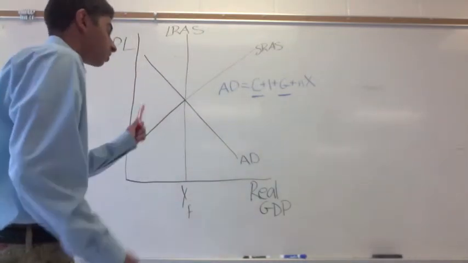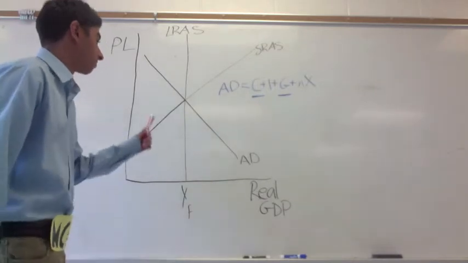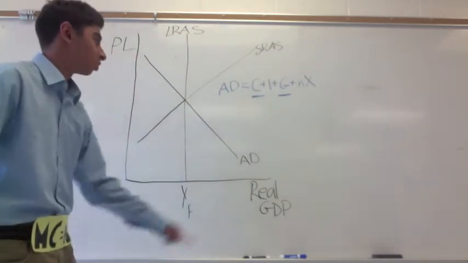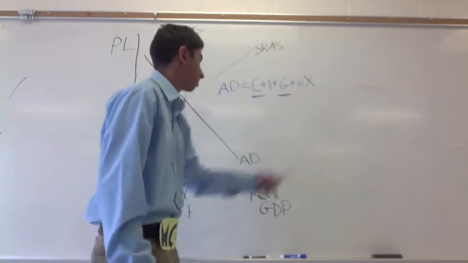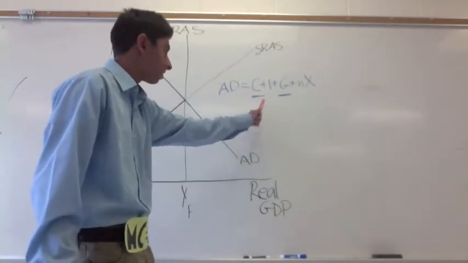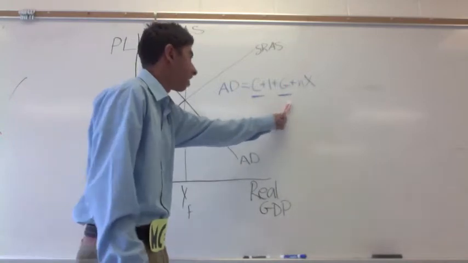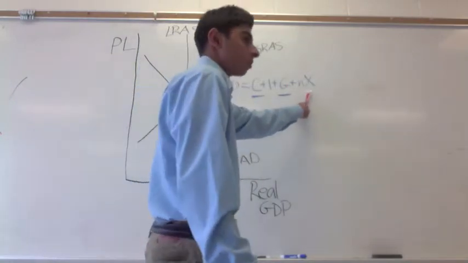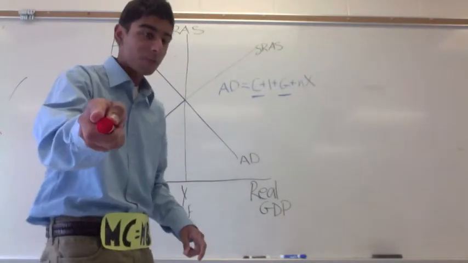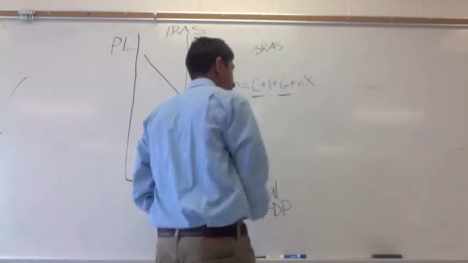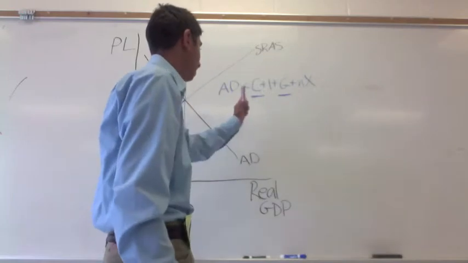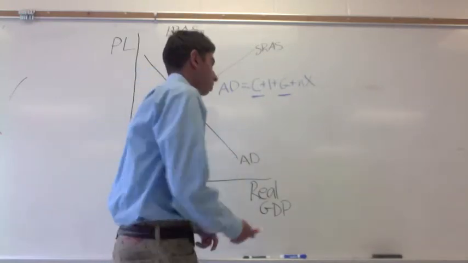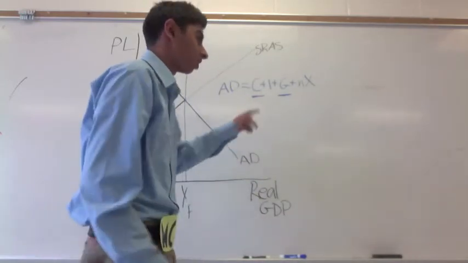Alright, so to understand fiscal policy, we need to break down aggregate demand into its components. C plus I plus G plus NX. Here is consumer spending, investment spending, government spending, and net exports. So, the government can increase spending, which will increase this G value, or it can decrease taxes, which will increase the amount of money consumers can spend.